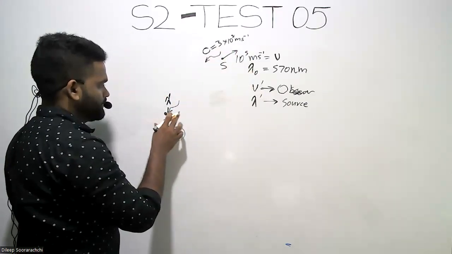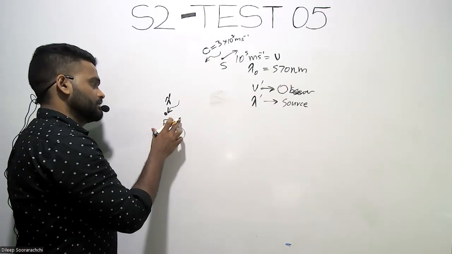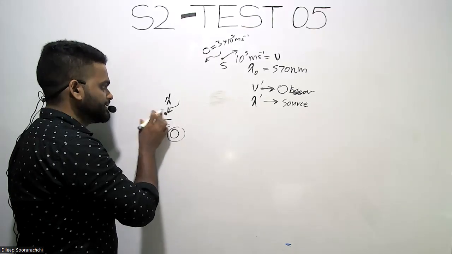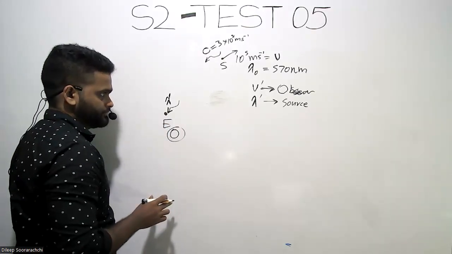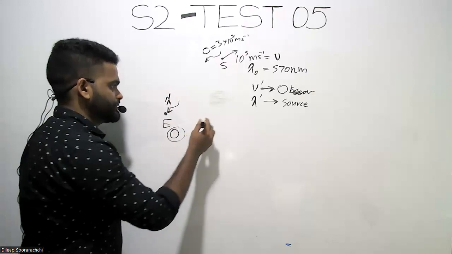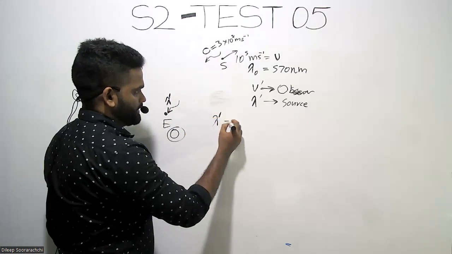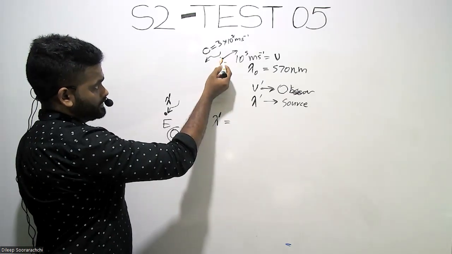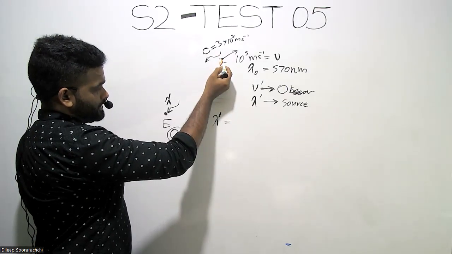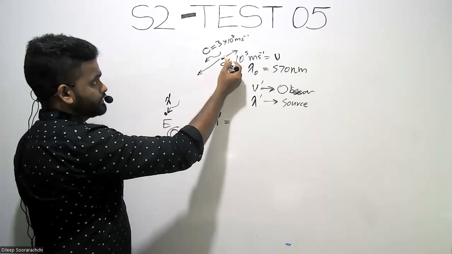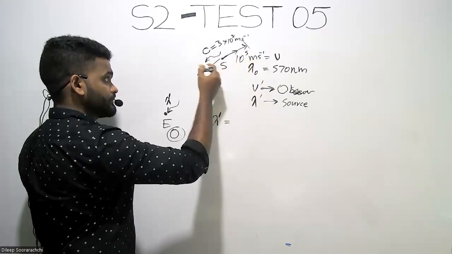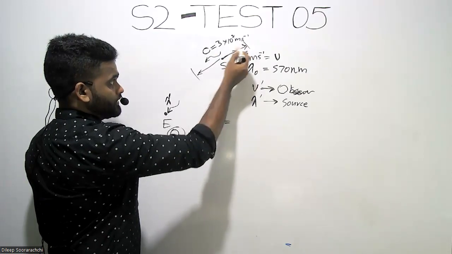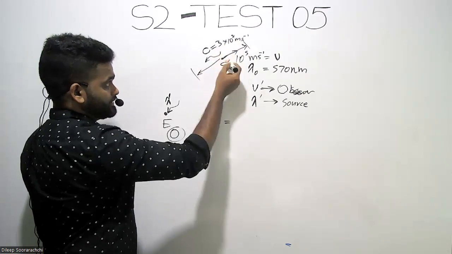So since we are finding apparent wavelength, we can neglect the speed of the earth. Then we can find lambda dash. Light is moving in this direction and the star is moving in this direction. So per second it is 10 to the power 5, here 3 times 10 to the power 8.